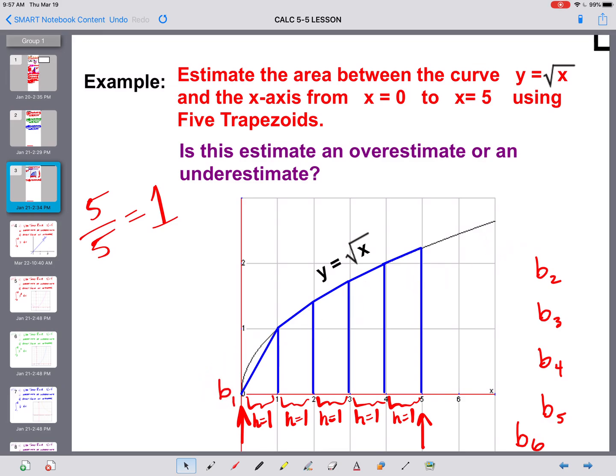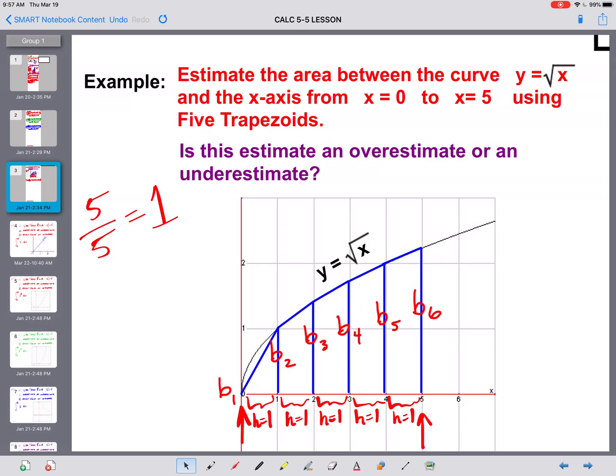That's the first base. On this one, yeah, the first base is 0. Here's the second base. Here's the third, the fourth base, the fifth base, and the sixth base. Remember, for 5 trapezoids, you're going to have 6 bases. Okay? Okay, here we go.